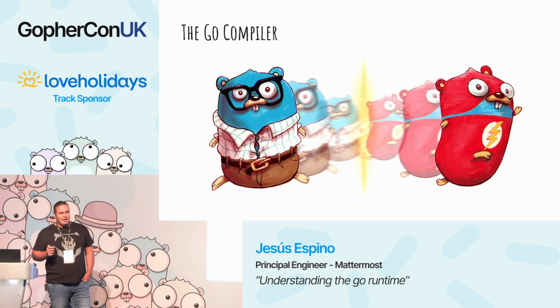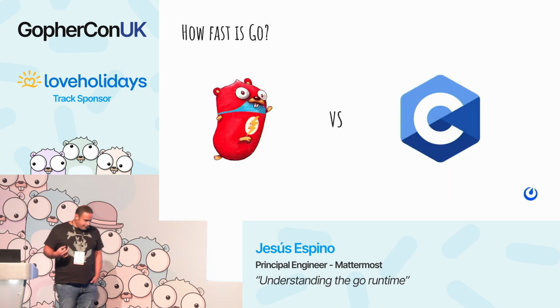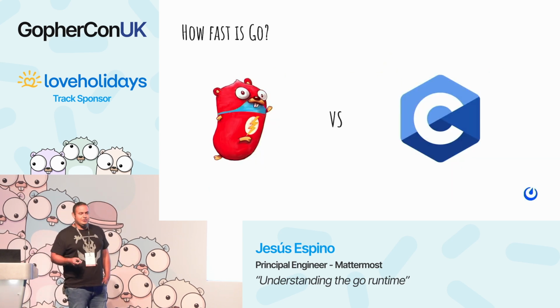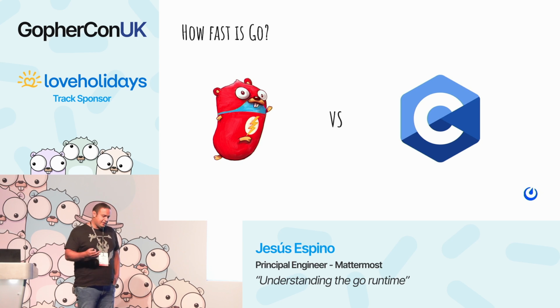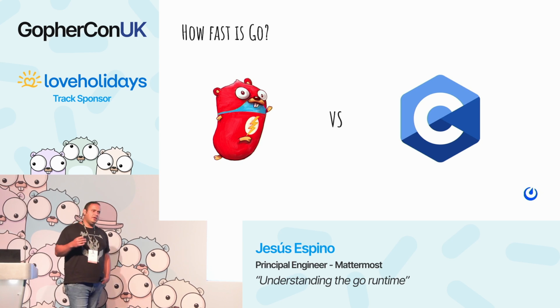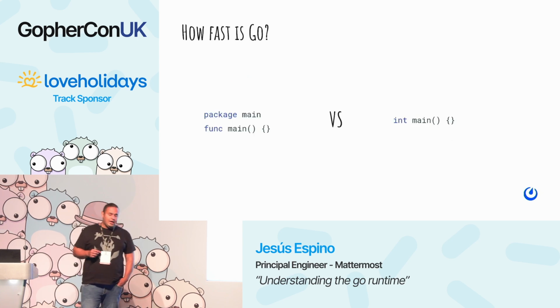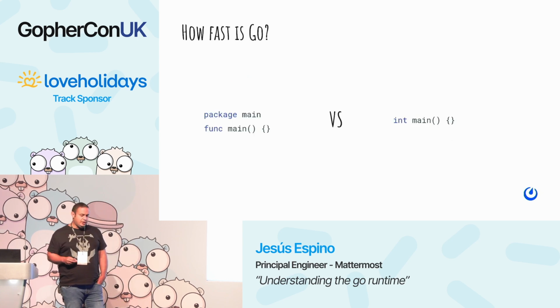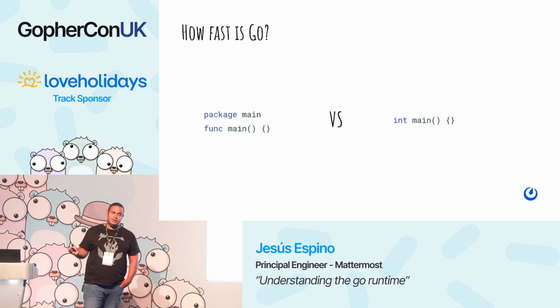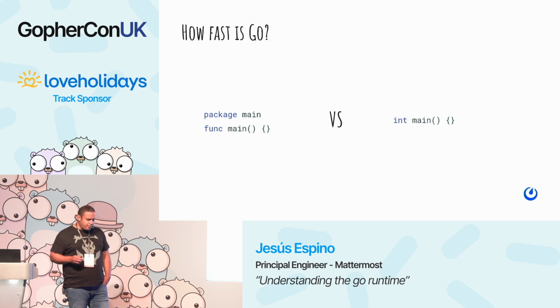But how fast are those executables? Well, I wanted to play around with that, and compare Go binaries with C binaries, for example. So I wrote two implementations here. One is a Go implementation of an empty main function, so it's going to do nothing. And on the other side, we have a C implementation of an empty main function that is going to do nothing.